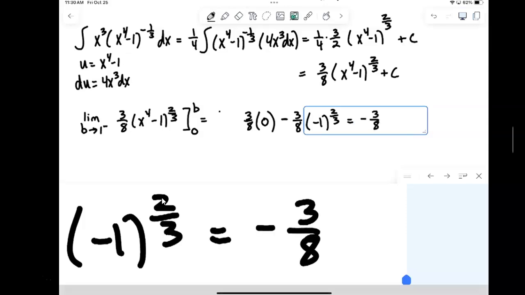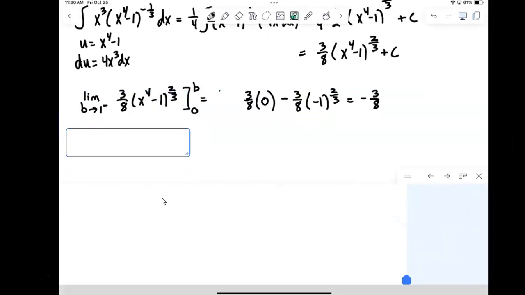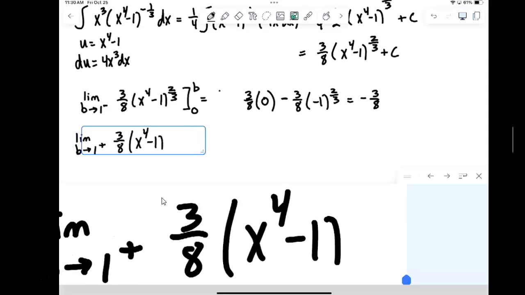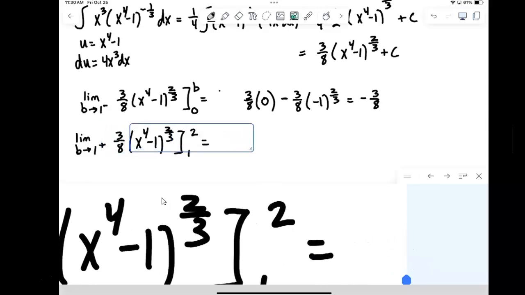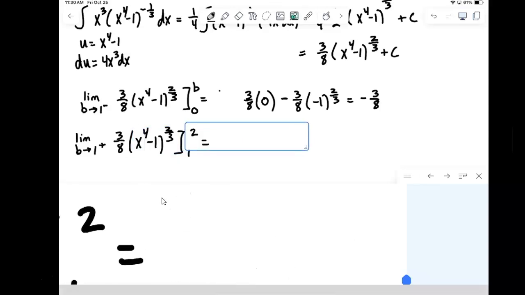The integral from 0 to 1. And then we do the same thing. Limit as b approaches 1 from above of 3/8 x to the 4th minus 1 to the 2/3, evaluated between 1 and 2. So when you plug in 2, that's going to be 2 to the 4th, 16 minus 1.